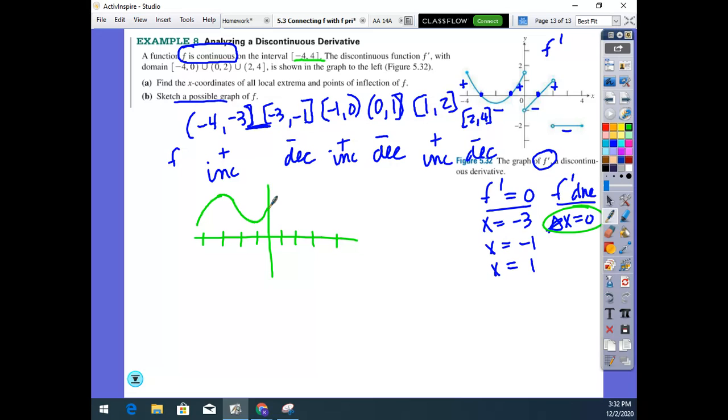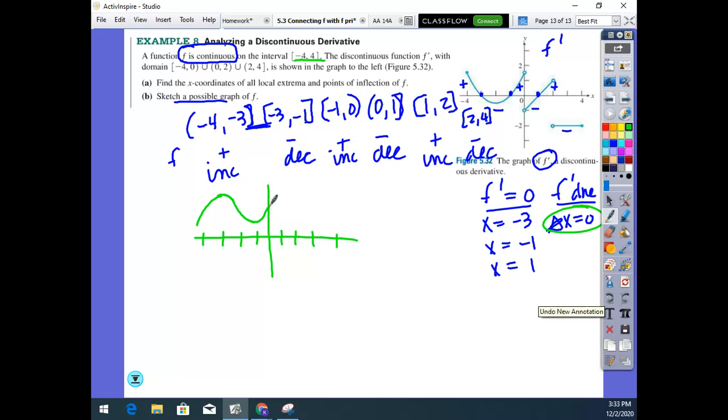Oh, and we probably should be looking at concavity. So negative slope means concave down. Positive slope, concave up. See how concave down, concave up. Then to the right of 0 is a positive slope, so it's concave up. Oh, whoa.